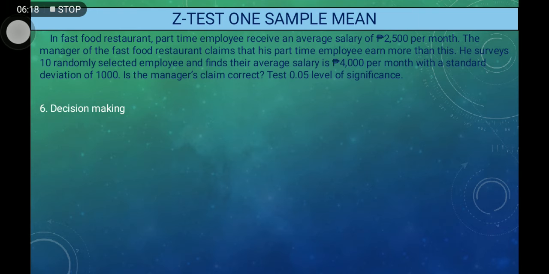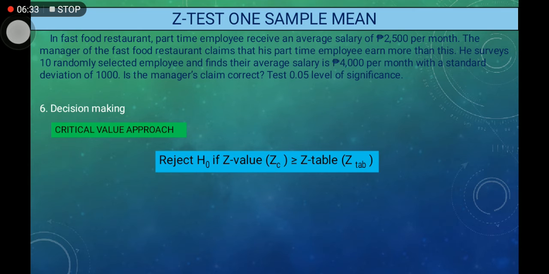So, pupunta naman tayo sa step 6 na kung saan titingnan natin kung marireject ba natin yung null hypothesis or ma-accept natin siya. Gagamit tayo ng critical value approach. Reject null hypothesis if Z value is greater than or equal to Z table or Z-tab. Our Z value is 8.49 and our Z-tab is 1.65.